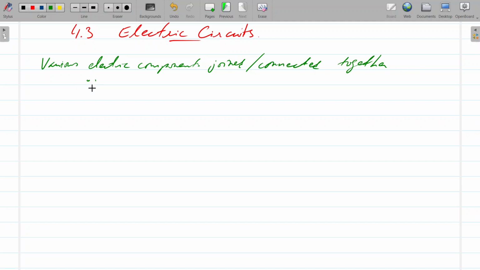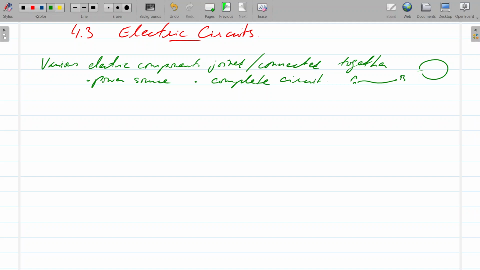They obviously have a power source and they form a complete circuit, right? So it goes from point A to point B. It might be circular, perhaps, depending on how it's set up.